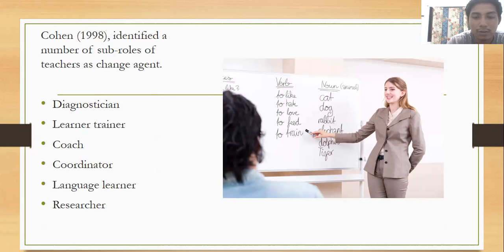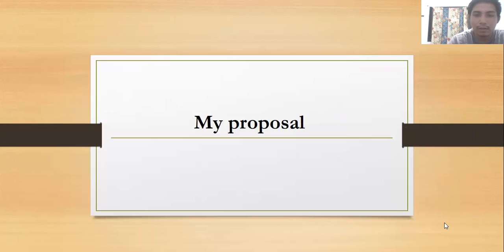All of those concepts are very important because a teacher can't be only just one person that goes to the classroom and shows a topic and something like that. No, a teacher could be more than that.